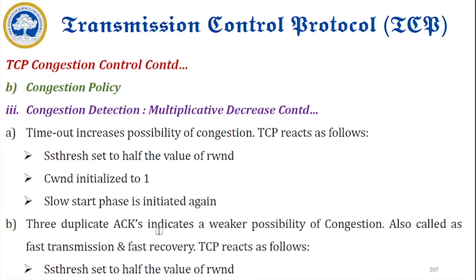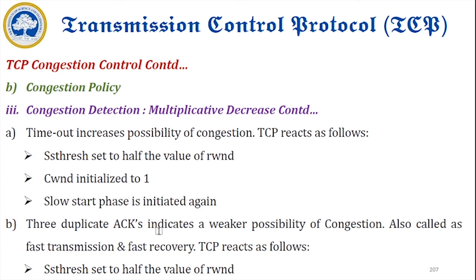The segment will probably be dropped in the network, and there will not be any news about the sent segment. So in that case, the TCP will react strongly. It will set the value of the threshold to half of the current window size, and reduce the congestion window back to one segment, so that it can start the slow start phase again. So this is how TCP handles a timeout.